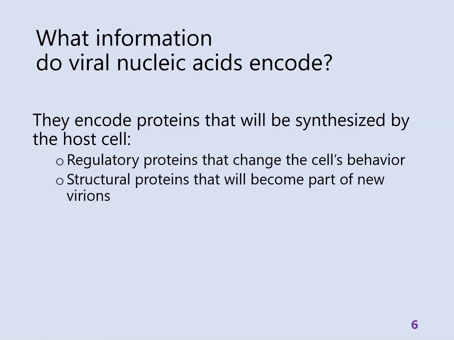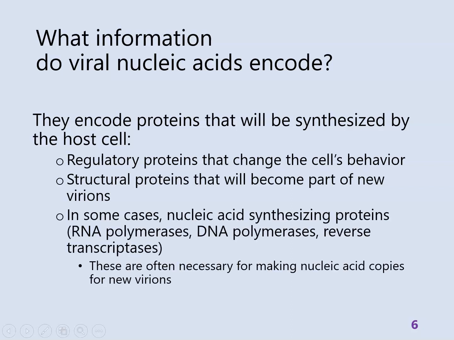They could be the structural proteins that make up a new virion. They could be special enzymes that the virus needs for making new nucleic acids. And I'll walk you through this later on. When you see specific examples of this, come back to these slides and this will make more sense.